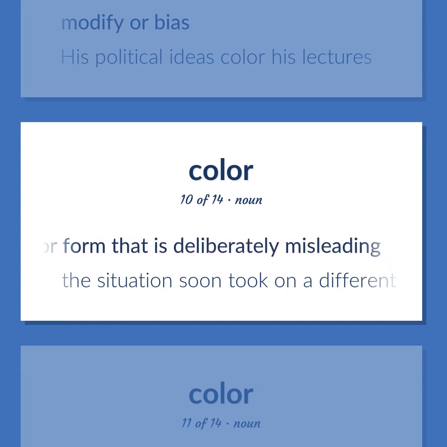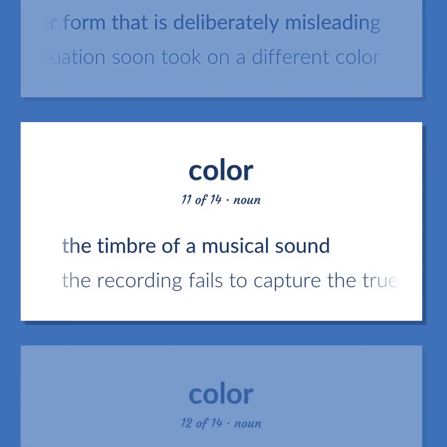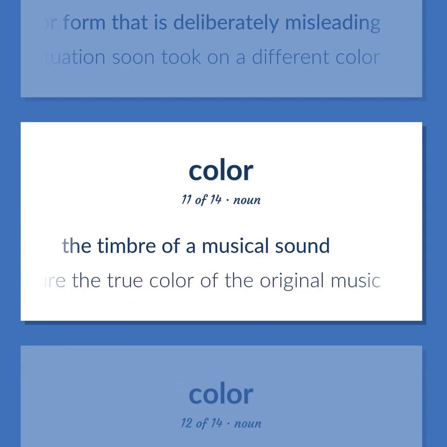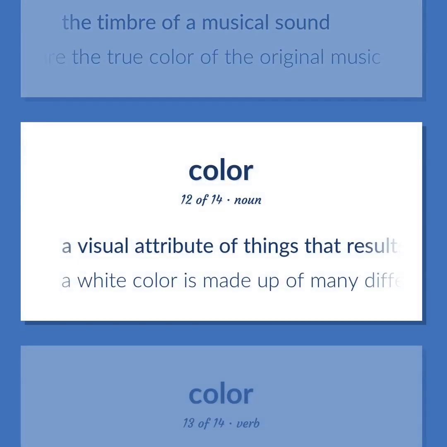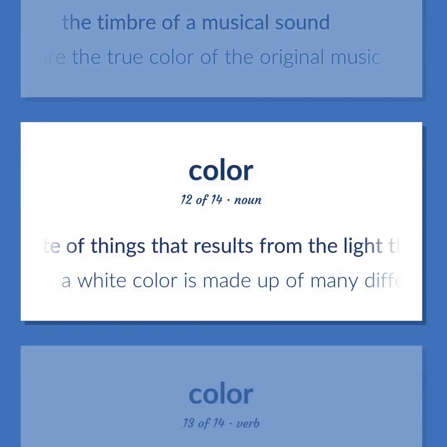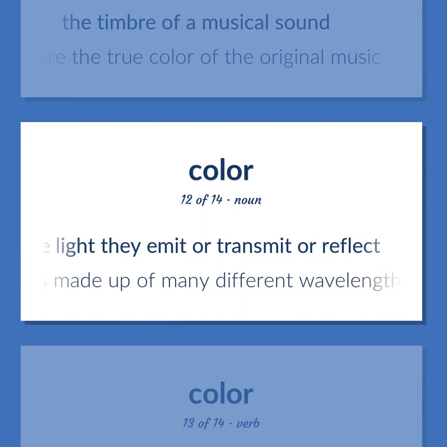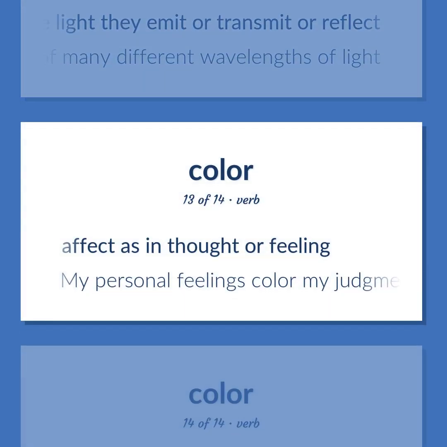The situation soon took on a different color. The timbre of a musical sound. The recording fails to capture the true color of the original music. A visual attribute of things that results from the light they emit or transmit or reflect. A white color is made up of many different wavelengths of light. Effect as in thought or feeling. My personal feelings color my judgment in this case.